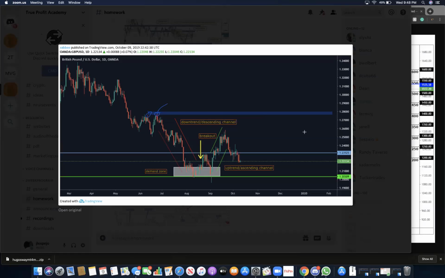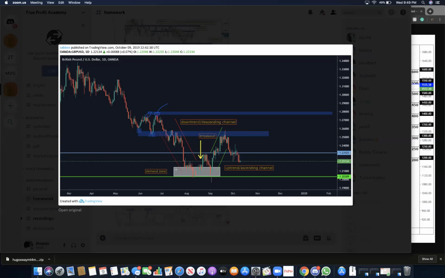If I was focusing on my demand zone, and I focused on this price to this price, because this was the high and this was the low and this was the previous low, then I'll take my zone from there to here. And as you can see, as the market progressed, that zone was validated.